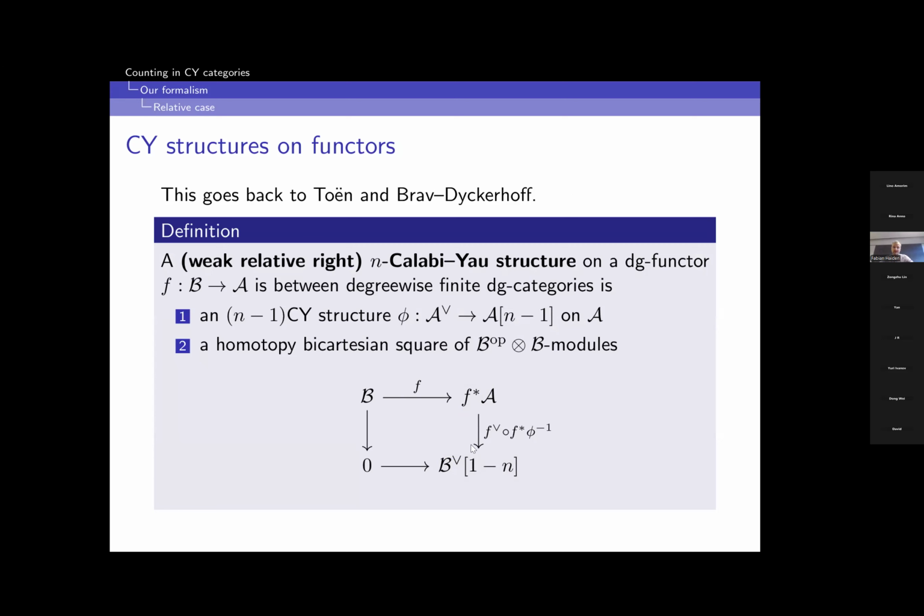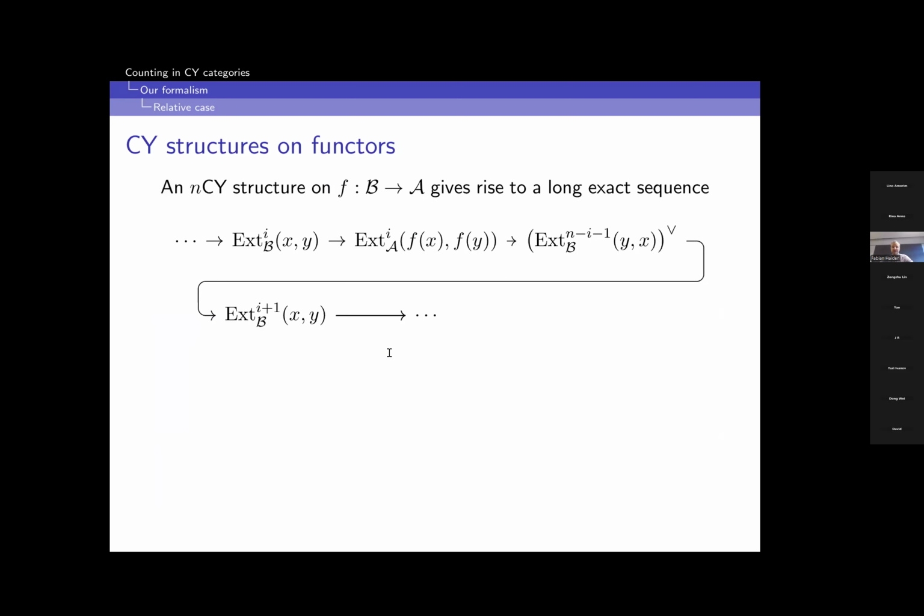So you have these two maps, and the homotopy bi-Cartesian square means you need a homotopy between this composition and the zero map. And the whole thing should be homotopy bi-Cartesian, which means roughly that this long exact sequence should exist.